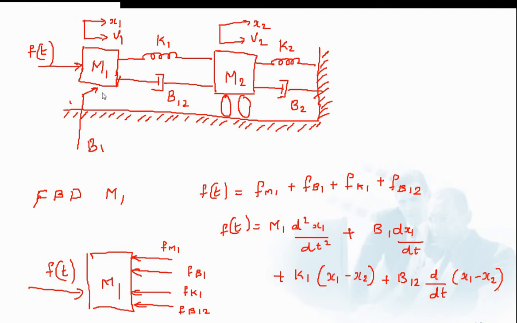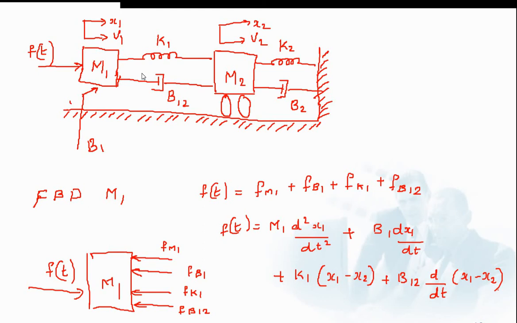And what are the elements associated with only M1? That is B1, which is connected alone, and K1 and B12 are two elements, spring and damper, connected in between M1 and M2. So if you draw the analogous electrical circuit, you have to keep this in mind, because K1 and B12 are common to M1 and M2.